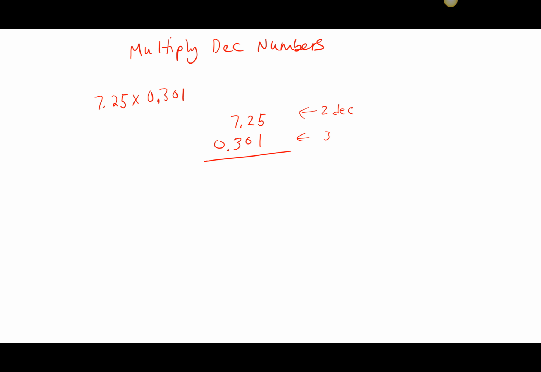Notice here we have 3 decimal places. So your answer is going to have 5, and I'll show you that in just a minute, okay? So when we multiply this, that's going to be 1 times 5 is 5, 1 times 2 is 2, 1 times 7 is 7. And then 0 times 5 is 0, 0 times 2 is 0, 0 times 7 is 0.